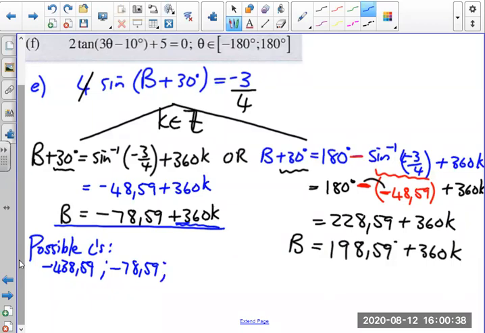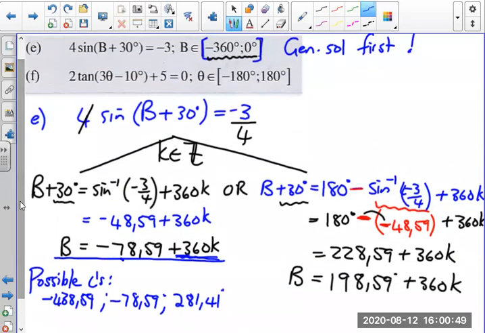If I add a 360 to that angle, I get 281,41. Now let's look which angles here is in this interval. It's only this one here. Can you see? So I'm not interested in this one. I'm not interested in that one.